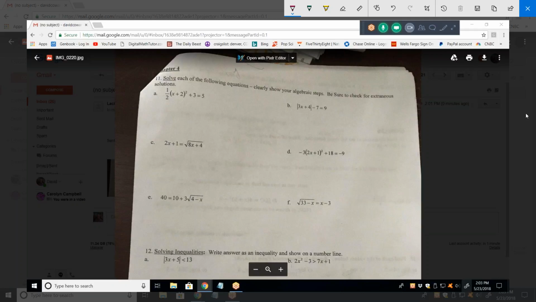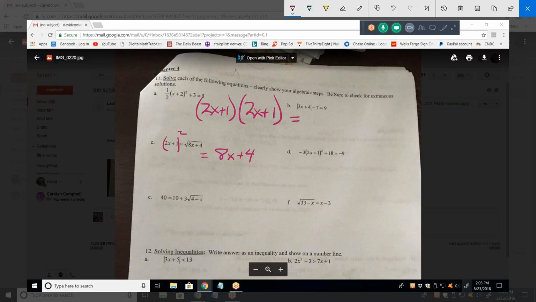Square it? Okay, square both sides. What's the left side become? You know what the right side becomes. The right side becomes that. That's easy. What's the left side become? 2x squared plus 2? Here's what I'm doing. I'm squaring that. What that means is 2x plus 1 times 2x plus 1. That's what that means. You have to FOIL it. Okay.